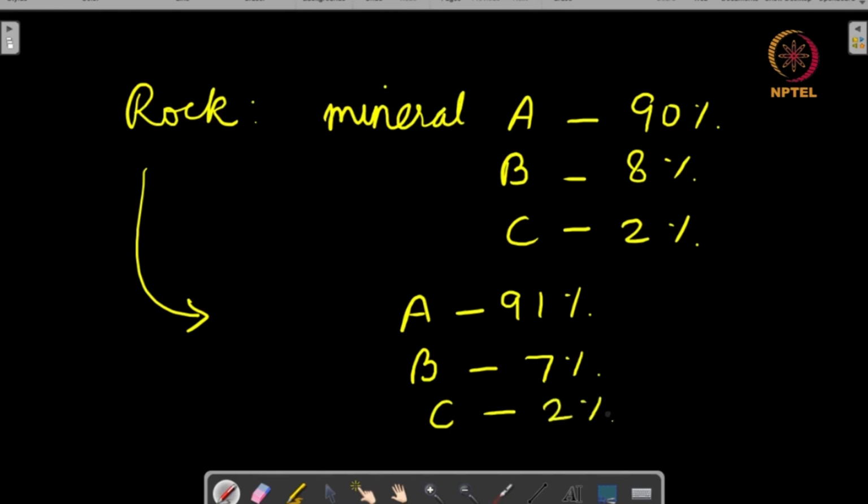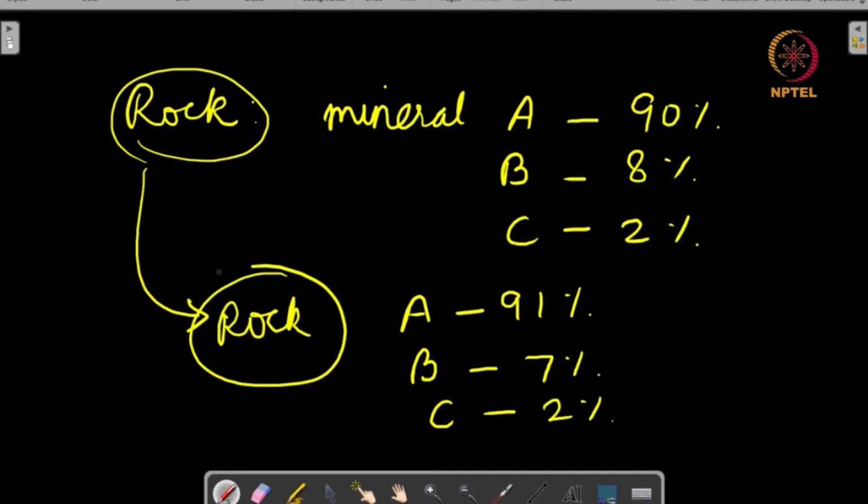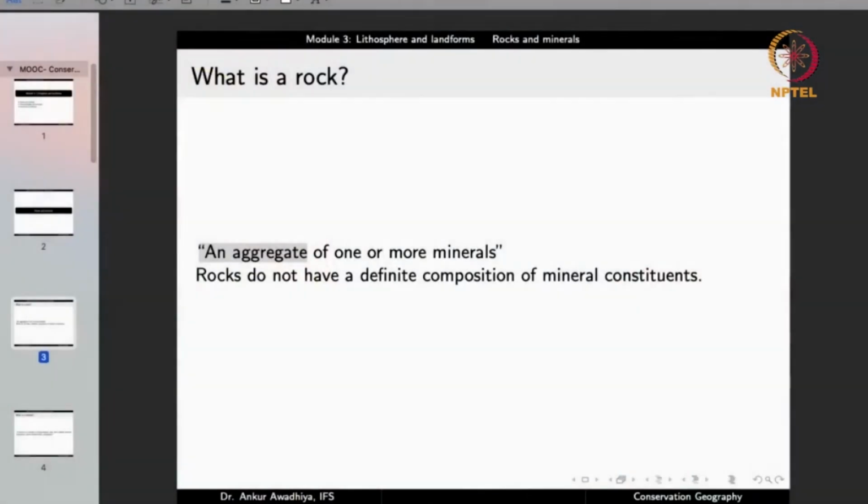Now both of these rocks are having different mineral compositions. So in this case, do we say that this is one rock and this is another rock, so we give it one name, we give this another name? No, because rocks do not have a defined or a specific constitution of the minerals. So even if the mineral composition goes up or down, we will say that, okay, this is the same rock.